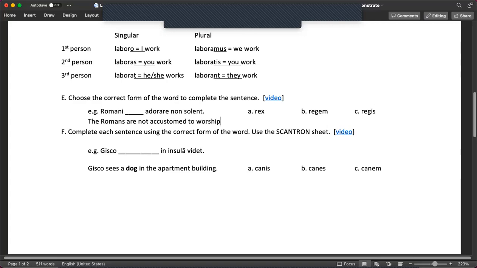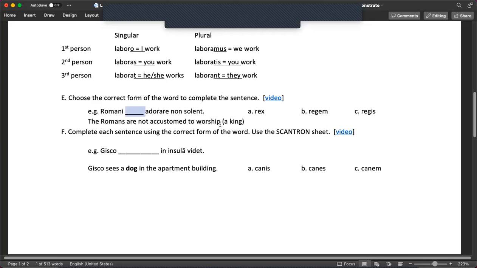And then I have three forms of the word which means king, right? A king. And so this question is asking you which spelling of the word of these three would complete this sentence grammatically. I know that rex is the subject form of this word king. So rex is actually out because I'm not looking for a subject.